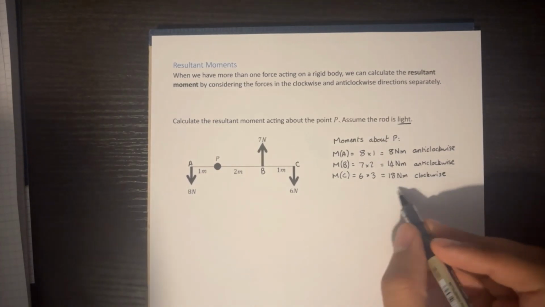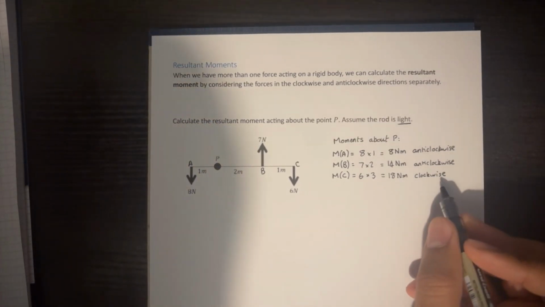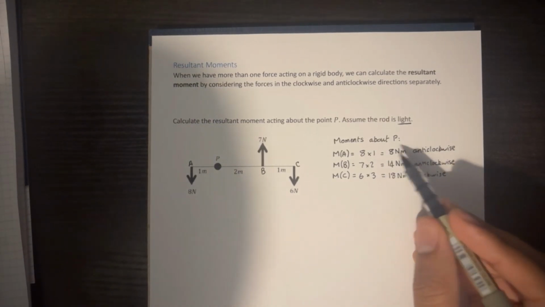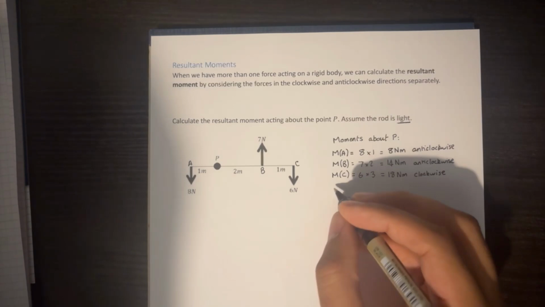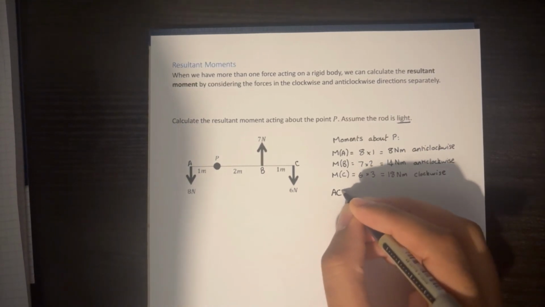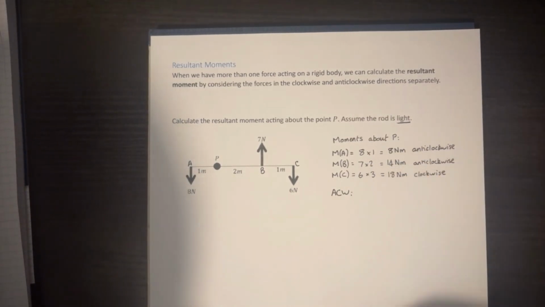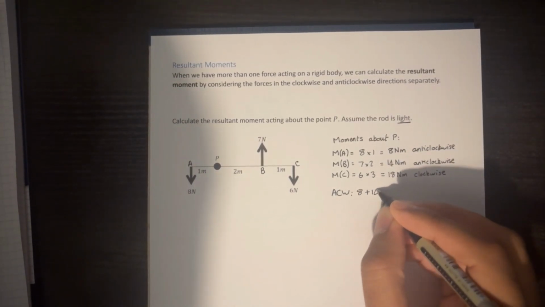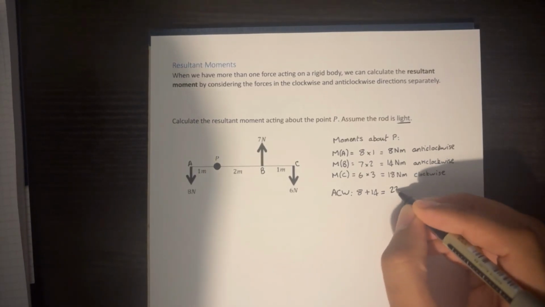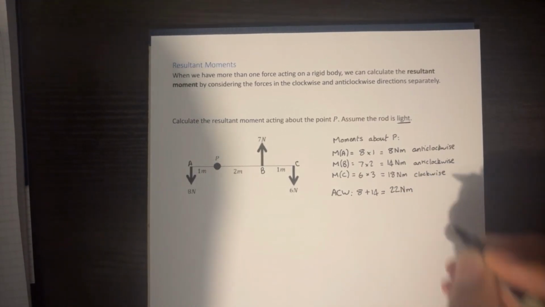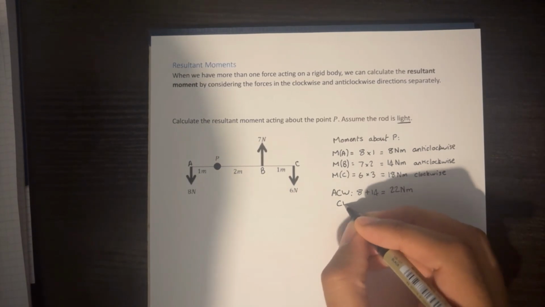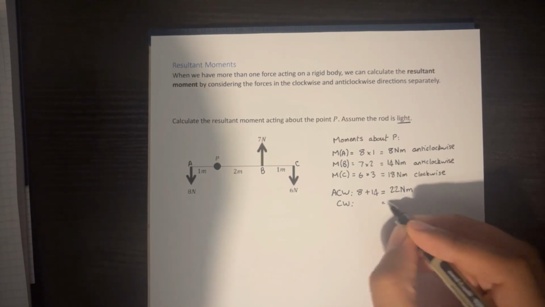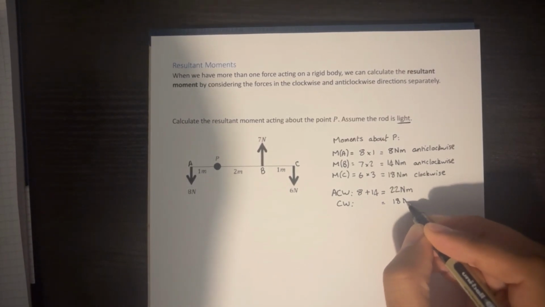So we've been able to work out the 3 moments that we've got, and we just want to find the resultant moment. So if I find the sum of the anti-clockwise moments, I've got 8 plus 14, which is 22 Newton meters. In the clockwise direction, we've just got this one here, so that was 18 Newton meters.